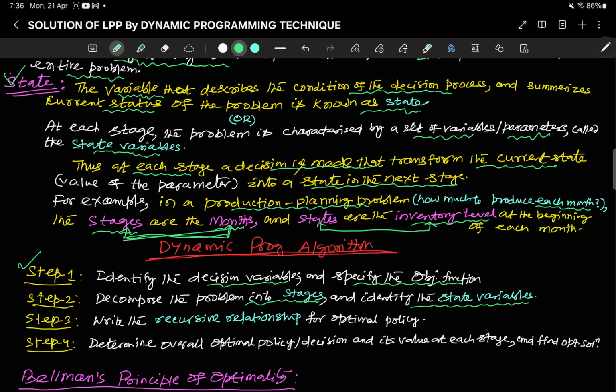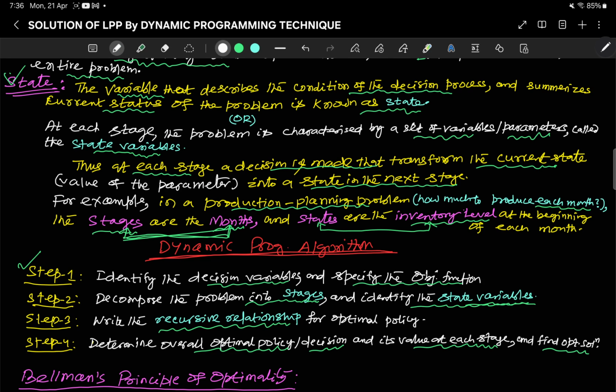We take one as a state variable and the others as decision variables, so it transforms, and this transformation is a function of the state variable and decision variables. Then we write a recursive relationship for the optimal strategy, and we determine the overall policy or decision and its value at each stage, and consequently we find the optimal solution. So this is the algorithm. Once we solve some problems, then your idea will be clear.